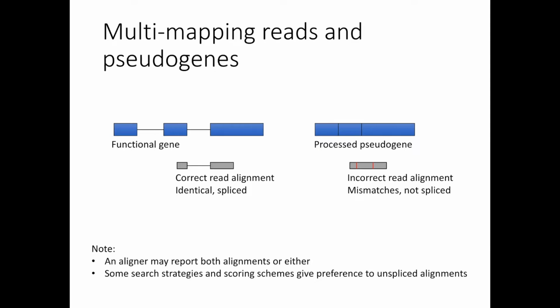Having said that, that's one of the reasons why, for example, HISAT2, which is the one that we are working with now, allows for adding genetic variants in the file, to make sure that you favor the mapping of functional genes compared to pseudogenes.